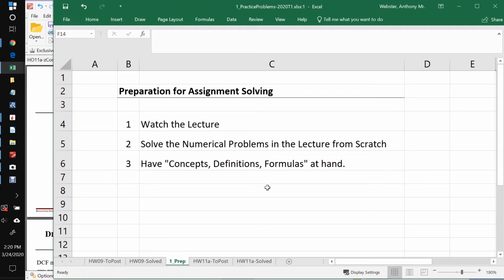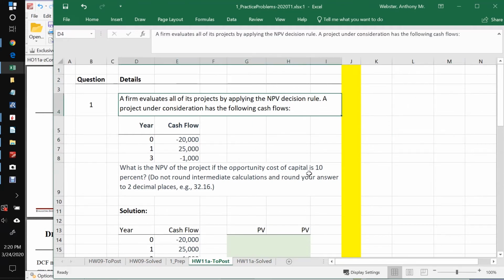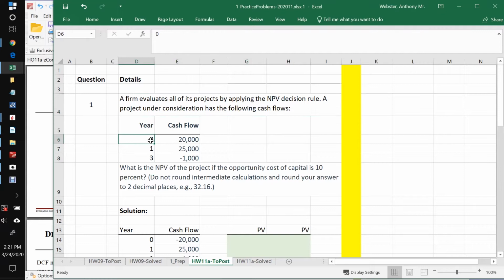These are very similar to the homework 11A problems. So let's go down here. A firm evaluates all its projects by applying the NPV decision rule. A project under consideration has the following cash flows. So at t equals 0, they're going to cash flow out $20,000. A year later for this project, they're expecting to get $25,000 back.